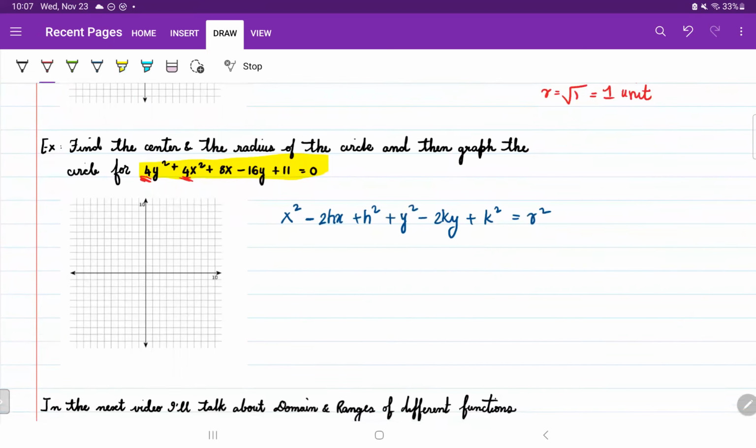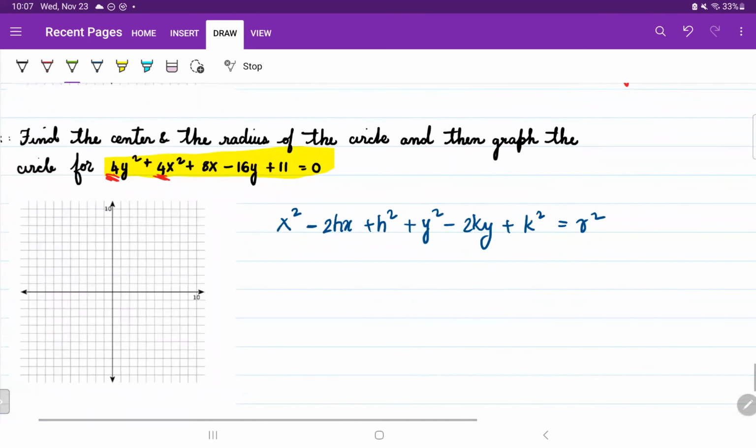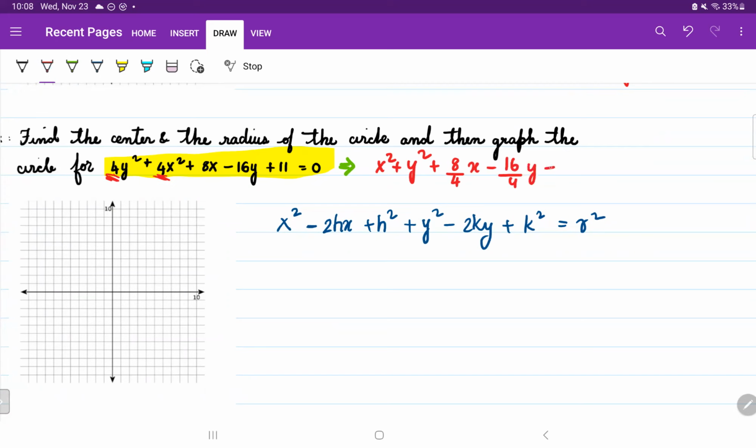Okay, the first step I would do is take 4 common out of this whole thing here. So let us give this thing a pause, and we rewrite this in the form x squared plus y squared plus 8 by 4x minus 16 by 4y plus 11 by 4 equals 0.